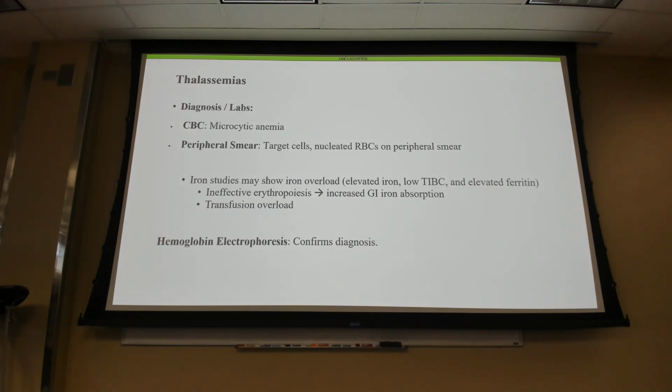Peripheral smear, you guys notice, peripheral target cells, maybe some NRBCs. All right. Iron studies start to show iron overload states. And then the confirmatory test. What's your confirmatory test? Hemoglobin electrophoresis.